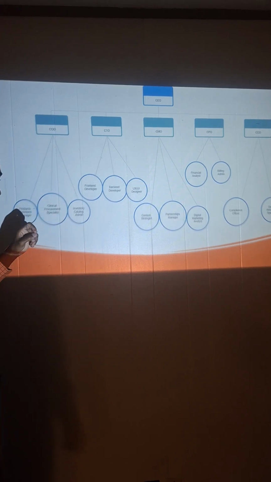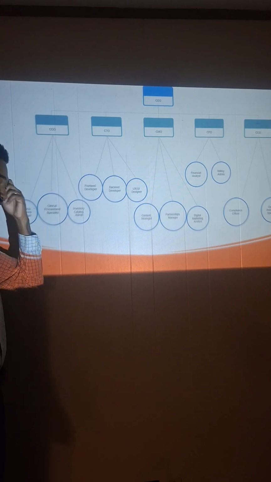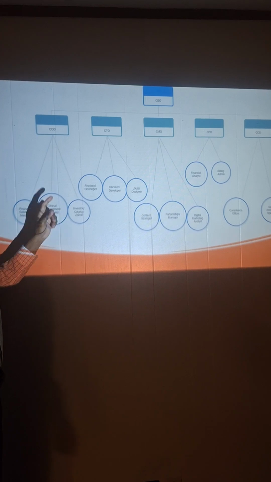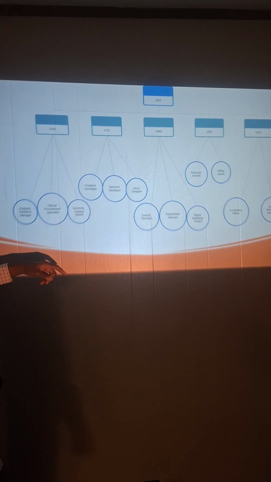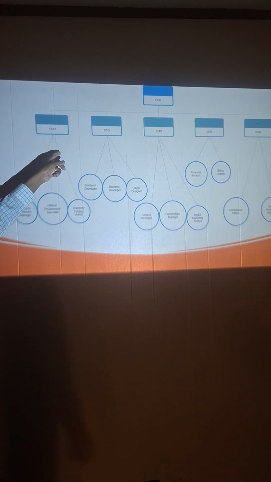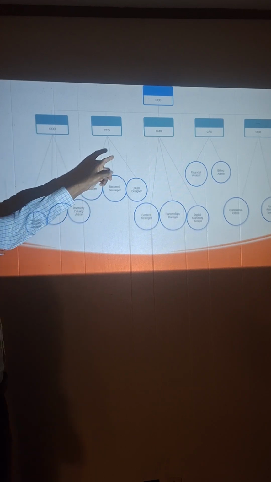Those roles are clearly defined, and each function has a department head who reports to a C-level executive, like the COO or the CEO.